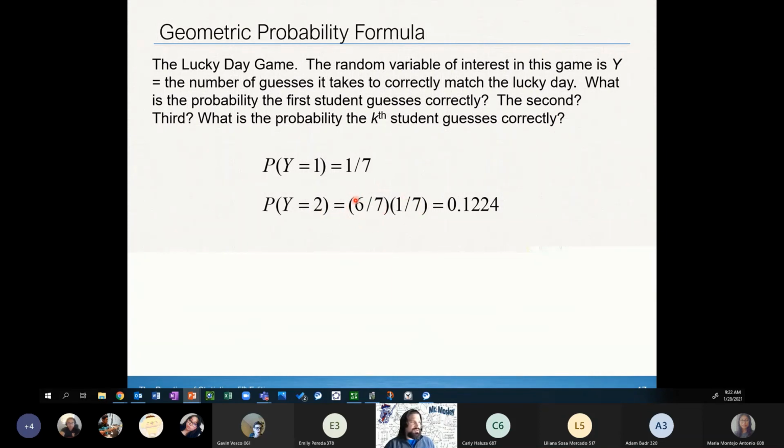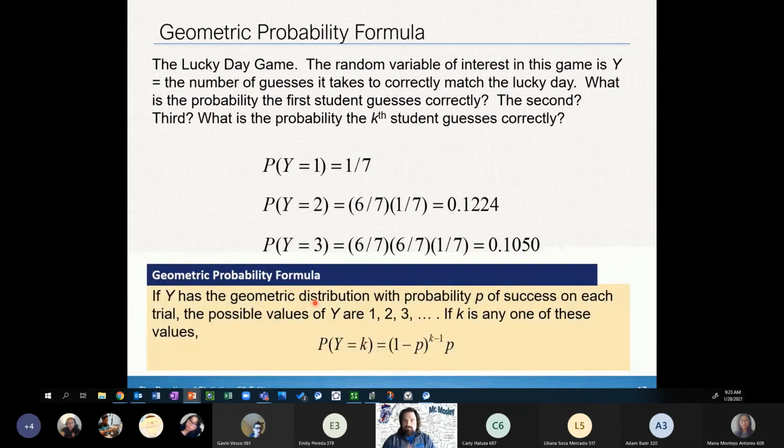This is the probability of being incorrect times the probability of being correct, about 0.1224. The probability of y equaling 3, which means the third student was correct and the first 2 were incorrect, is 6/7 times 6/7 times 1/7: probability of wrong times wrong times correct. That's how these are built up, because this is measuring how many trials it takes to get the first success.